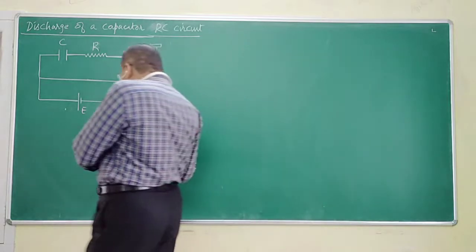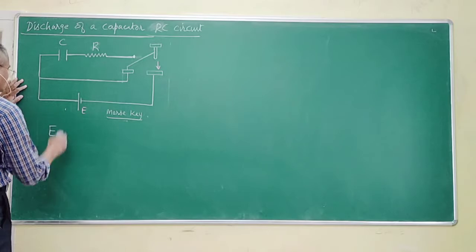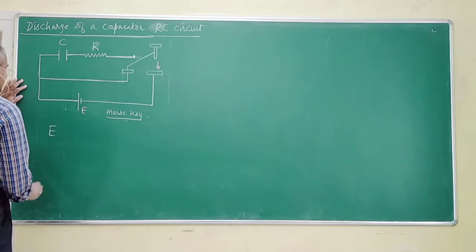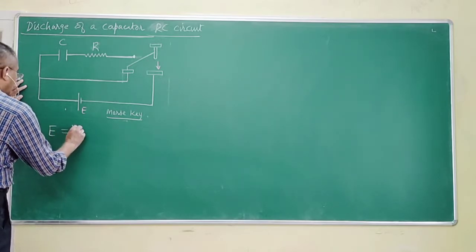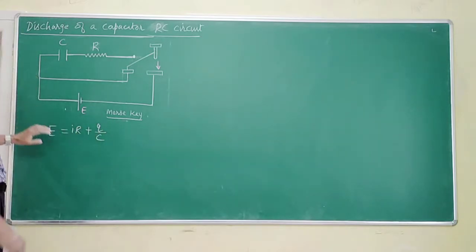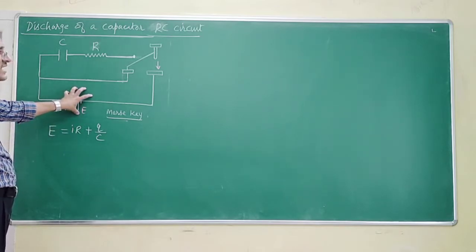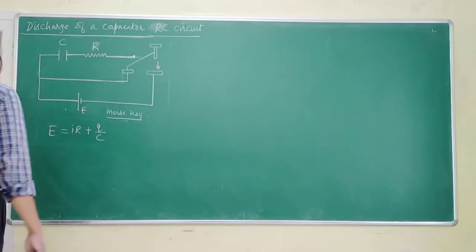If you remember, the previous expression in the case of charging was E is equal to IR plus Q by C. Since this is discharge, the battery is not included in the circuit.